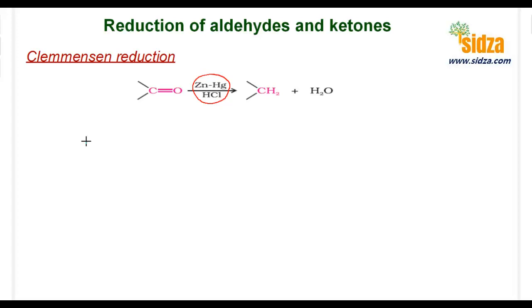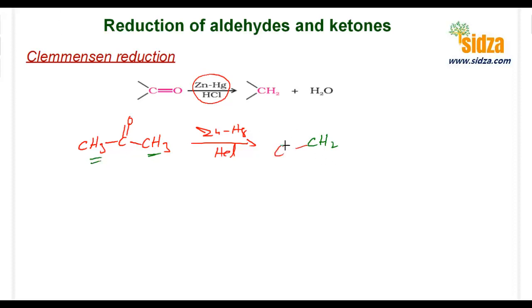Let me take an example. Suppose you got here CH3 C double bond O CH3. If you react it with zinc mercury amalgam and hydrochloric acid, this carbonyl group, this C double bond O, is converted into CH2, and the two groups attached to this carbonyl are CH3.